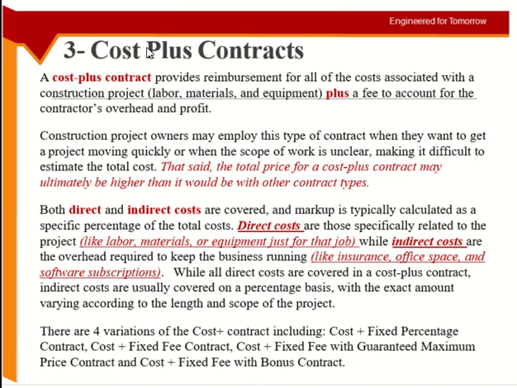Okay, it may end up having higher cost than the other two types. Why? Because of what? These type of contracts normally end up with a higher cost than the other two types. Because of what? Anyone?